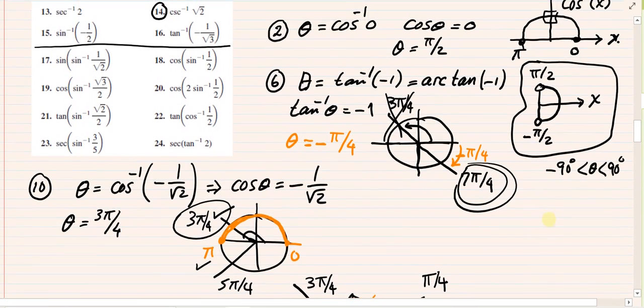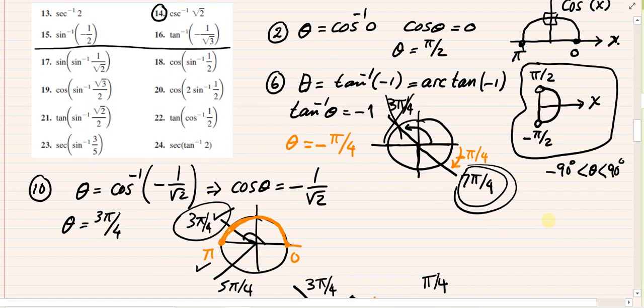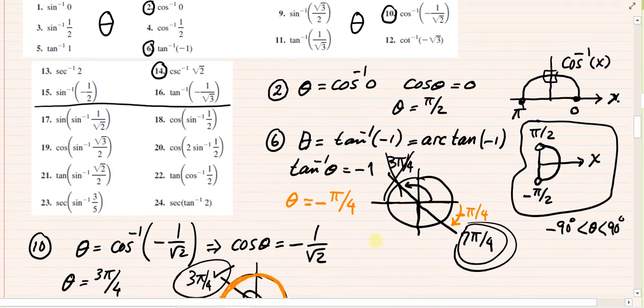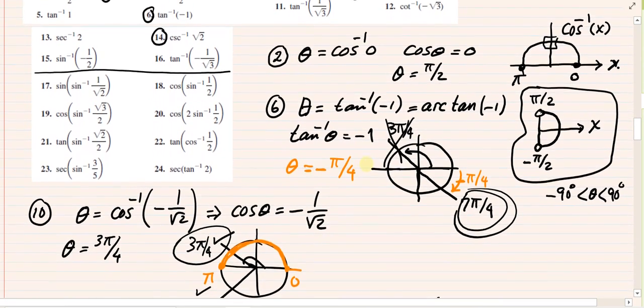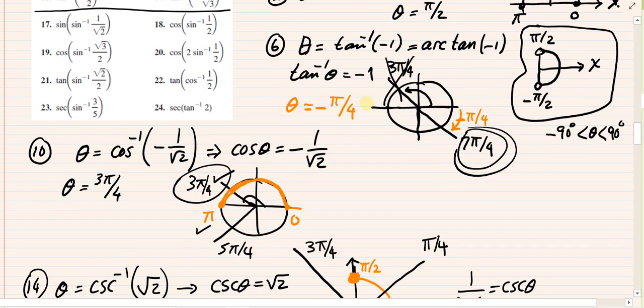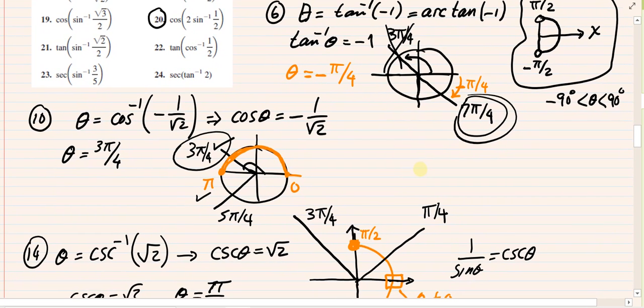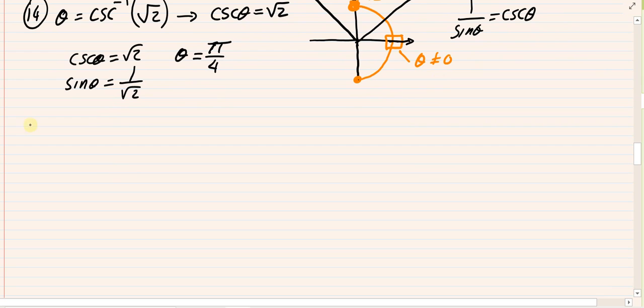Let's take a look at something. I've done tan. Notice most of these are sine, cosine, and tangent inverse. Let's take a look at number 20. Number 20, we have cosine of 2 sine inverse 1/2.